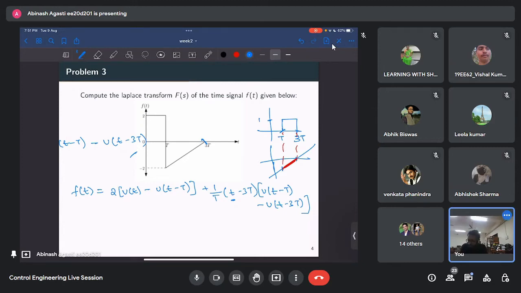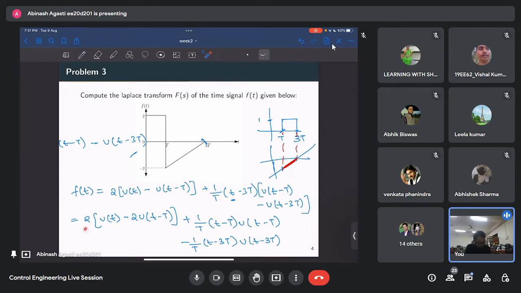So this we can further decompose a bit to make it easier for us: 2u of t minus t plus 1 by t minus t. I encourage you all to try how to get from here to here, but it is fairly simple, only just bring one term from one bracket to the other.